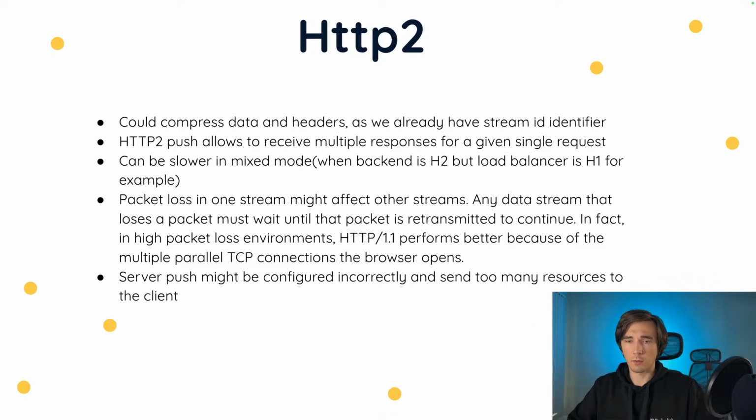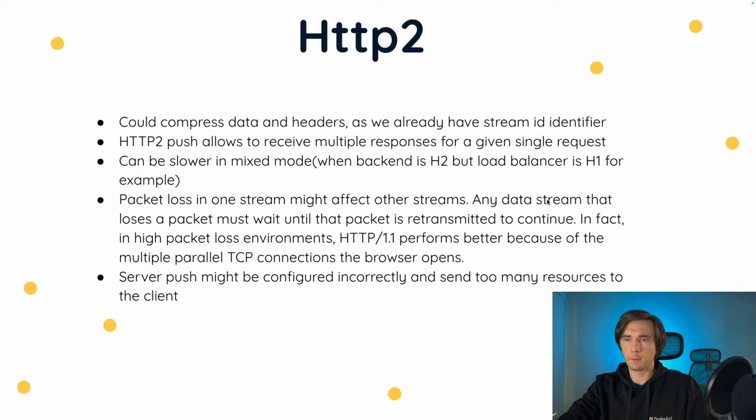That might cause extra overhead compared to just the HTTP2 protocol itself, because you will need to establish an extra connection on this HTTP1 side, and it will also be limited by HTTP1 itself, because in HTTP2 we can send everything through a single connection in parallel. HTTP1 is still regular HTTP1, so we need to manage a lot of different connections. We are also able to send only one request at a time, and so on.